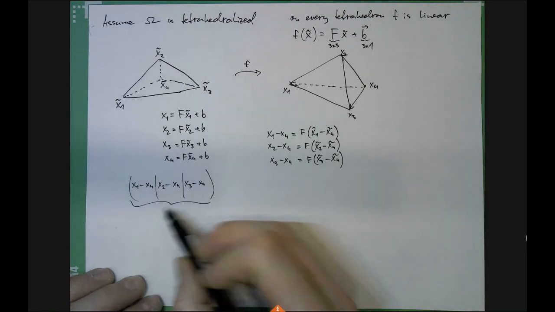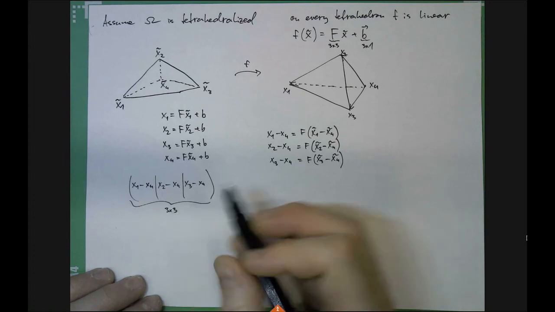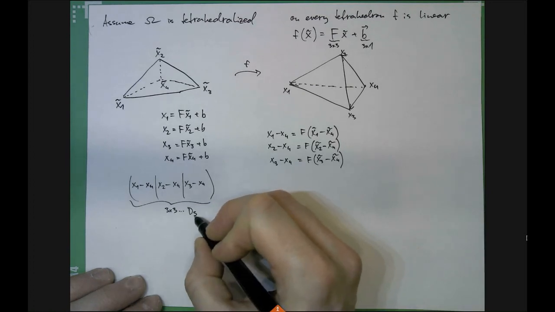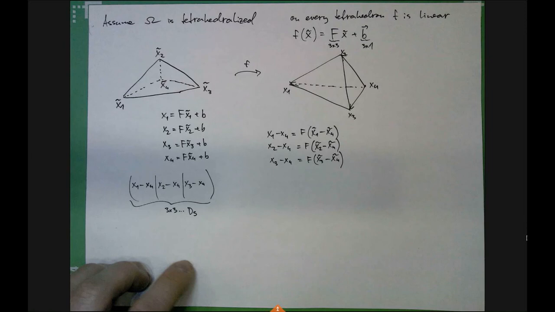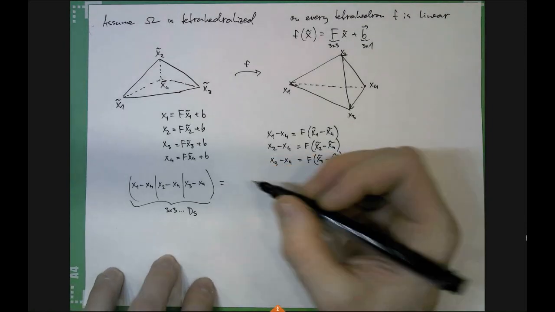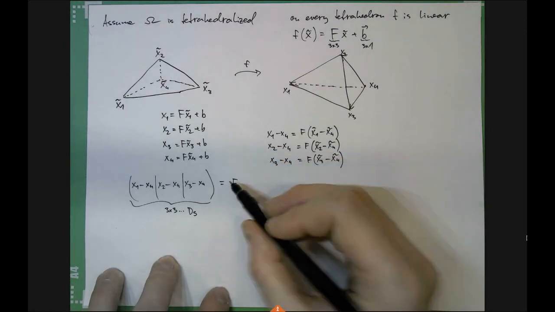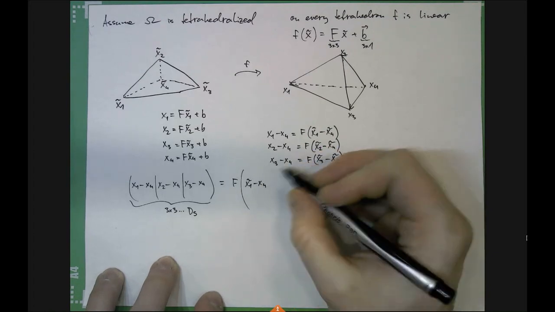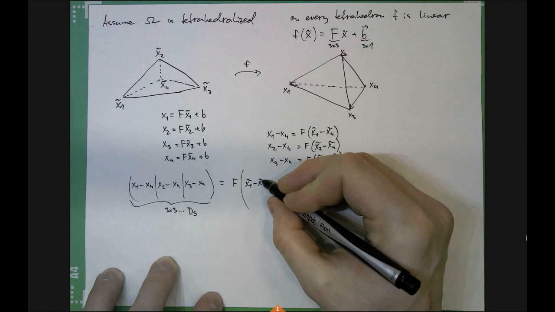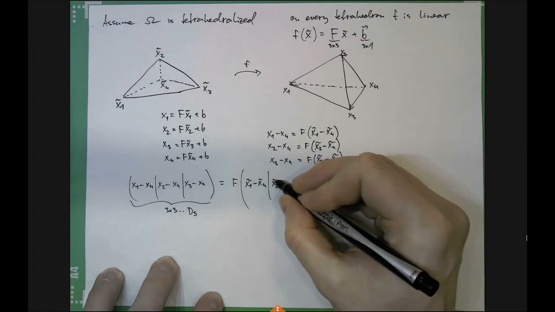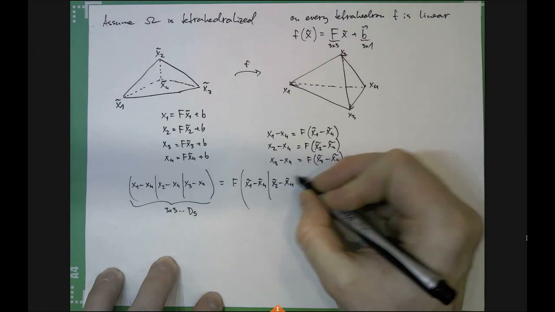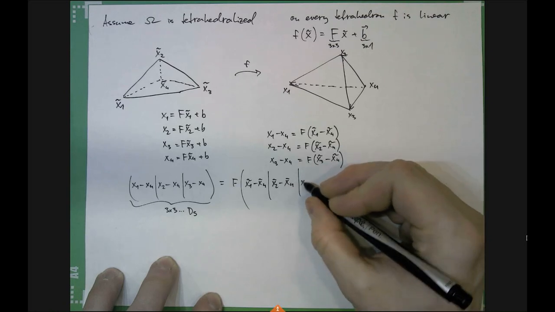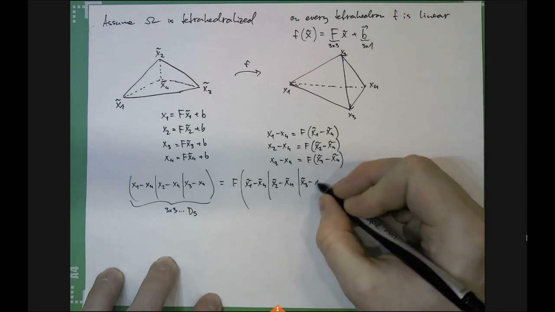That's going to be, of course, a 3×3 matrix. And we will call this Ds matrix, like shape, deformed shape, if you will. Now this is my F. And here are the right-hand sides, x2 minus x4 and x3 minus x4.